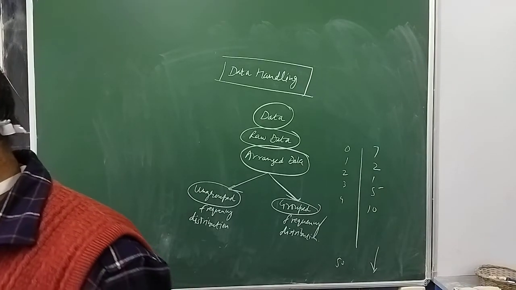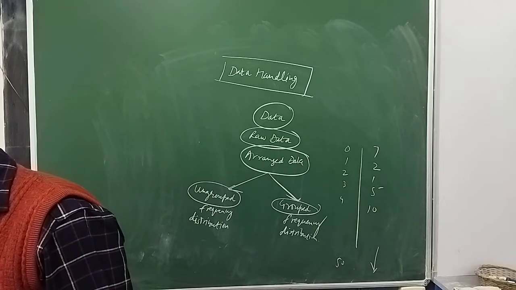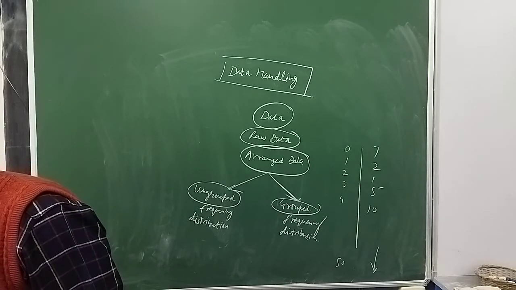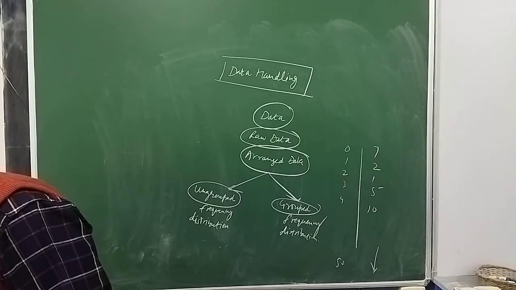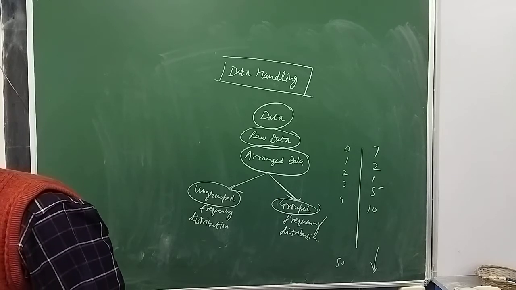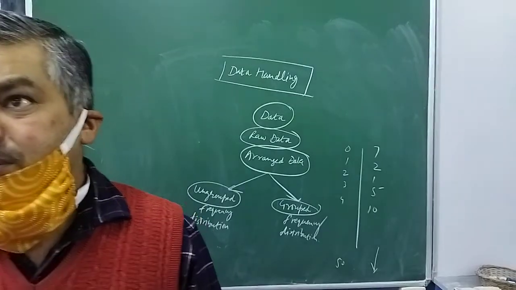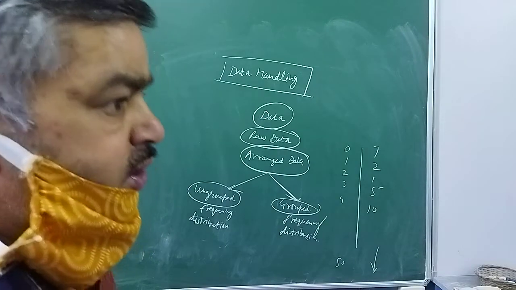Once you are talking about the definition, this word is very important from the understanding point of view. Frequency is the number of times a particular observation occurs. Number of times a particular observation occurs is called its frequency.